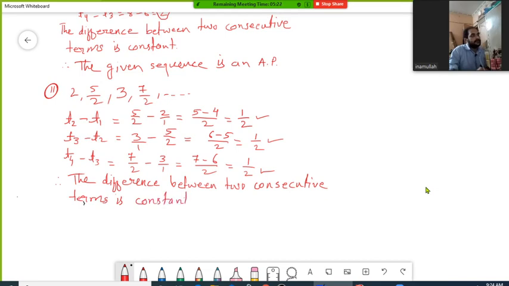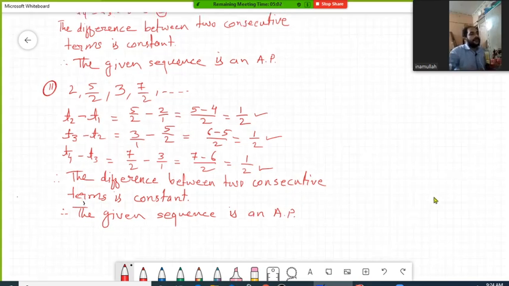Therefore, the given sequence is an arithmetic progression.